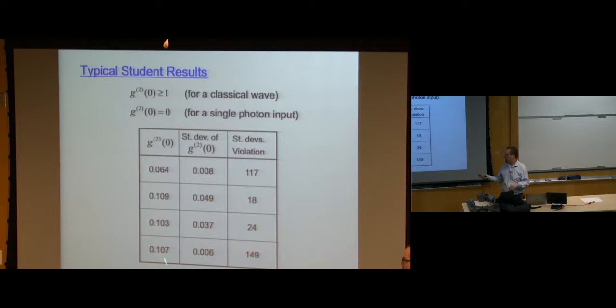We see G2s that are significantly lower than 1. This column tells you how many standard deviations that number is below 1. So we can get 150 standard deviations away from this classical physics limit. Highly non-classical fields, relatively pure single photon states that we can then do other experiments with.